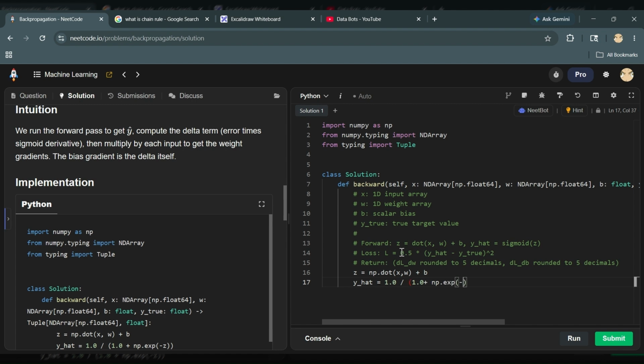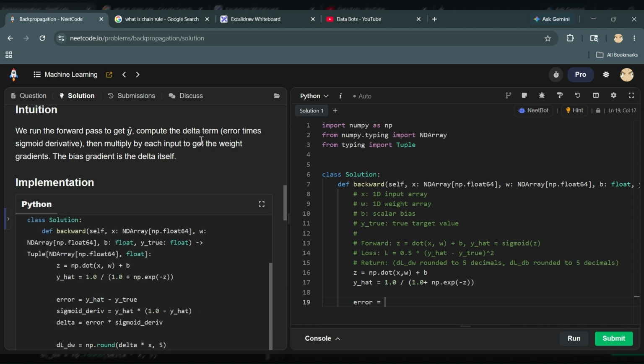If you don't know what sigmoid and ReLU is, please visit the previous videos. I explained what they are. So here the forward pass is completed, and for the next step we need to find the error, that will be y hat minus y true. So the predicted value minus the true value.